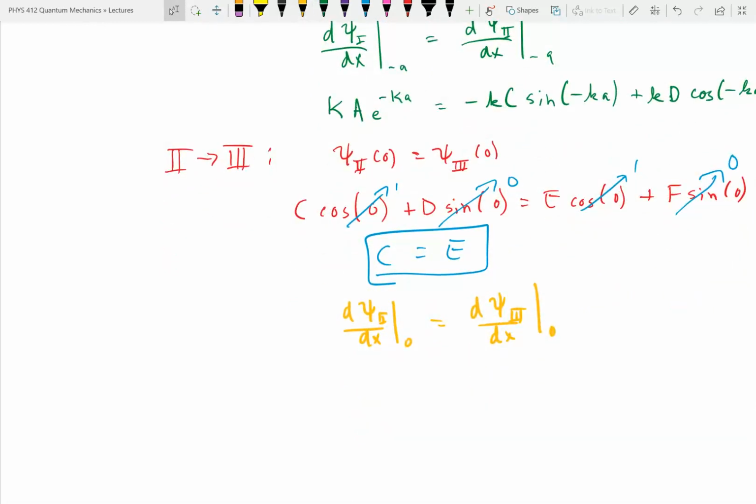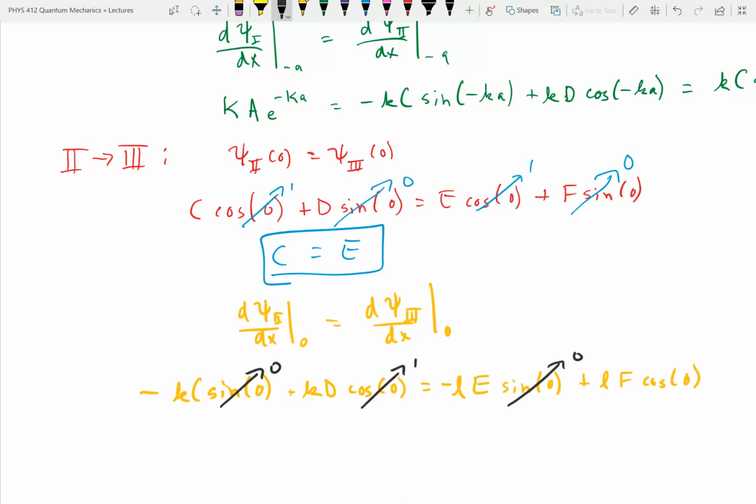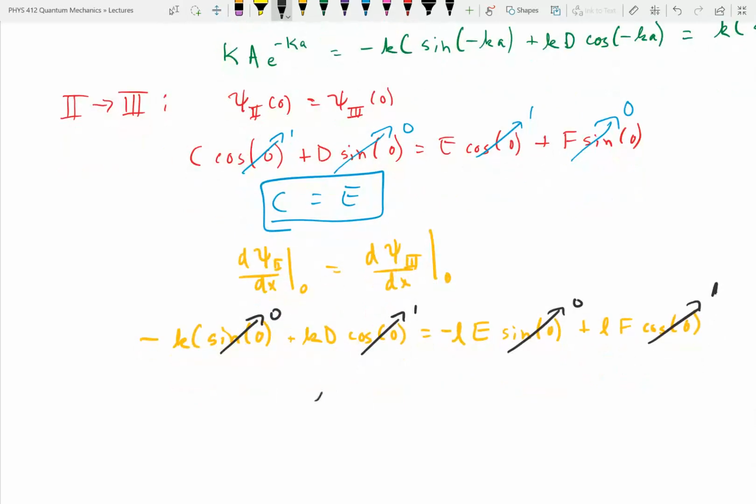So taking those derivatives, that's going to be LE, and once again, sine of 0 is 0, cosine of 0 is 1, and I get KD is equal to LF.